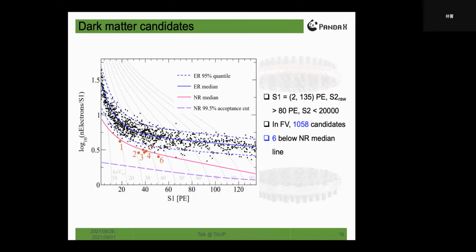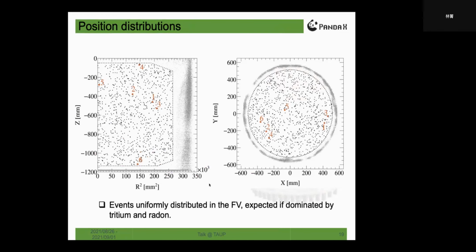And 1,058 events were found in 86 days of commissioning data, and 6 leakage events below the NR median were found. These 6 events do not have features in their position, which is consistent with our prediction that the uniformly distributed electronic recoil is the dominant background component.